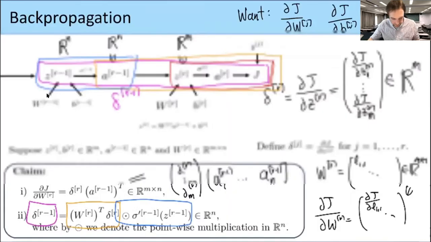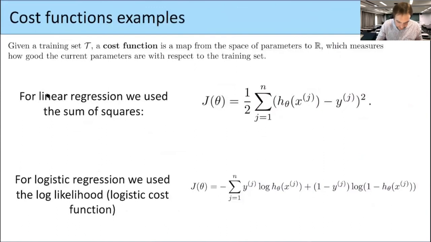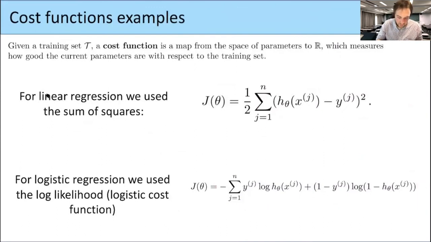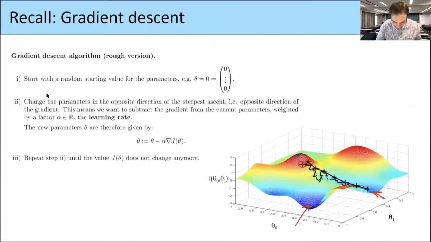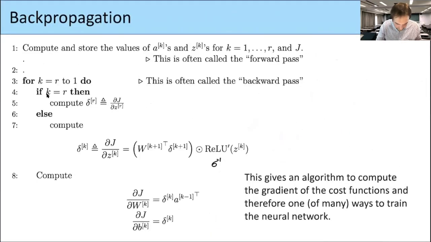But in general, if you have a little bit more complicated cost function like we had here, then of course calculating this is a little bit more involved. But the example I did basically corresponds to this here.